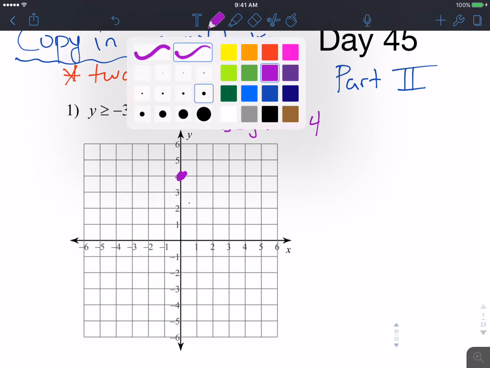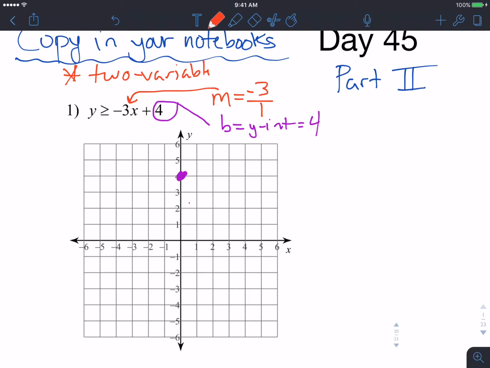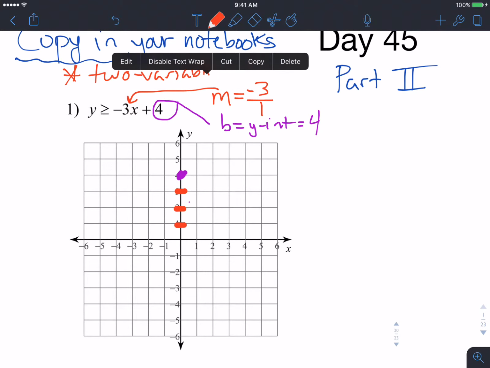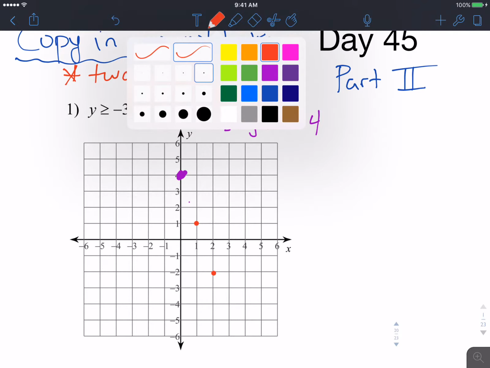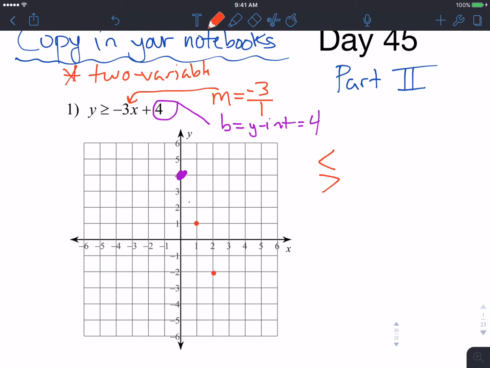And then I'm going to go down 3, 1, 2, 3, and over 1. I'm going to go down 3 again, 1, 2, 3, and over 1. And there, I actually go ahead and get my line, or my start of it. Now, if you remember back, I said these two symbols, they get open circles and dashed lines.